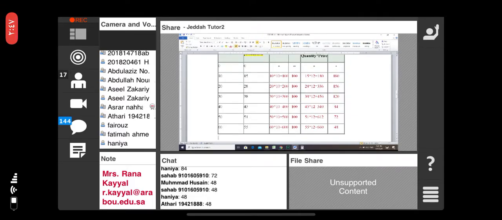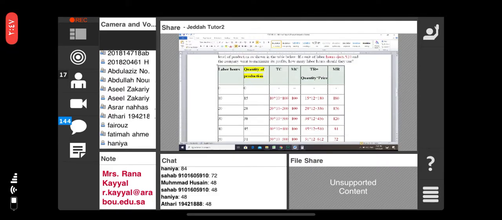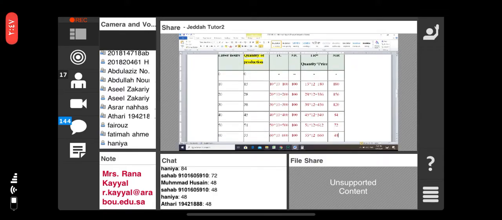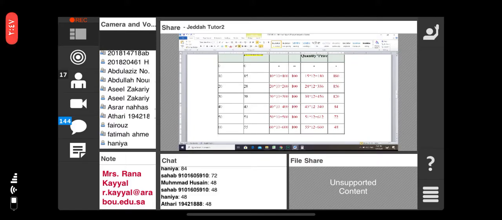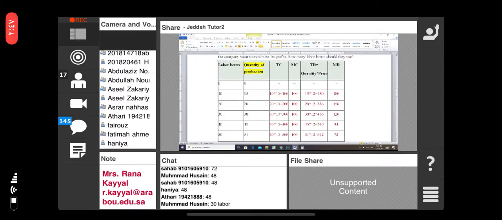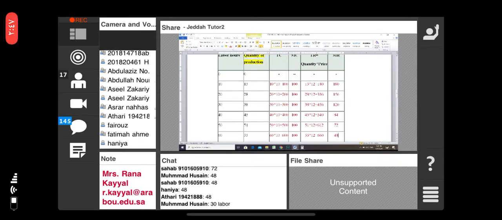When should I stop production? The question actually asked you how many labor hours we should use. 30 labor hours, which is another way of saying 38 quantity produced.